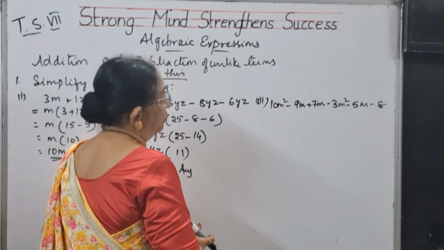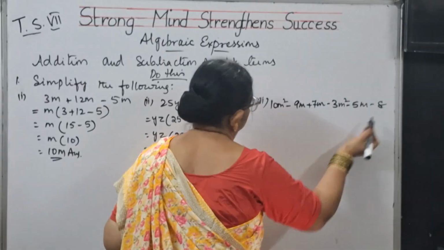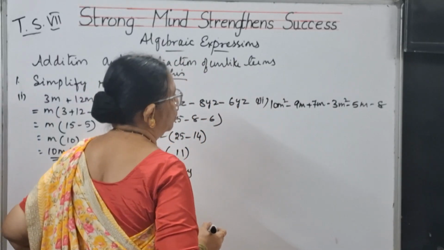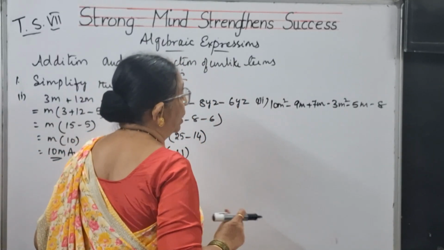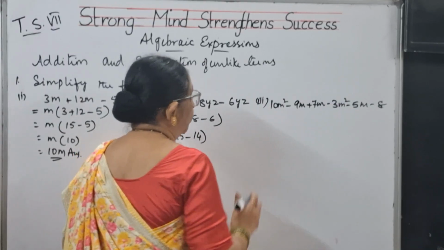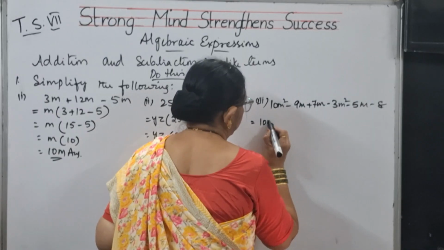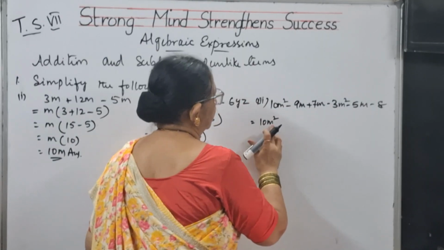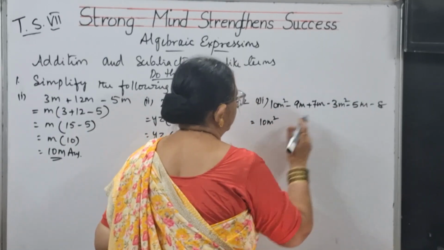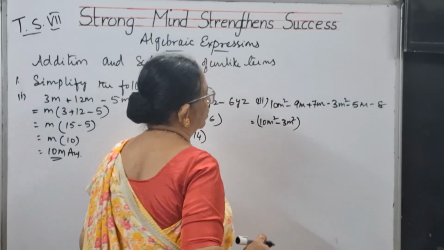In this case, children, you have got m squares as well as m and a constant term. That means it is a group of unlike terms. So what you do first is put all like terms together. I have got 10m square here. Is there any other m square? Yes, minus 3m square. So this is one group.